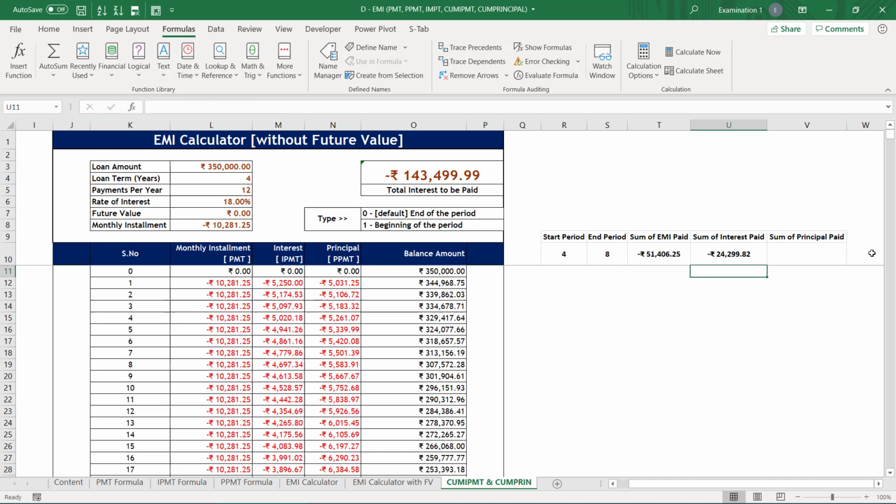Alright, enter. And you can see out of that 51,000, 24,299 rupees will go to the bank as interest.